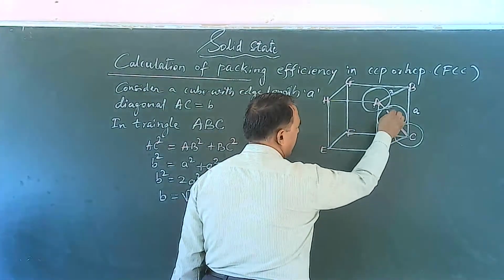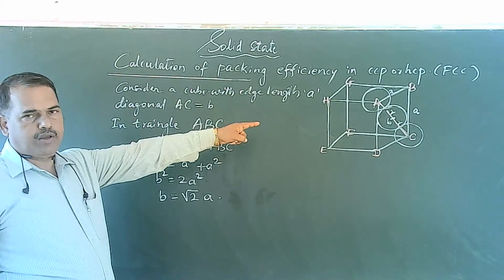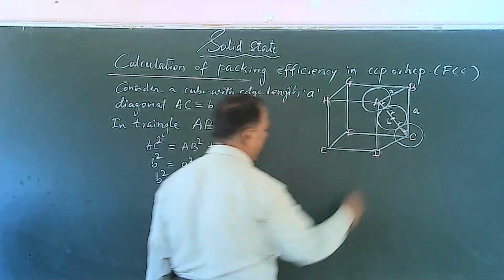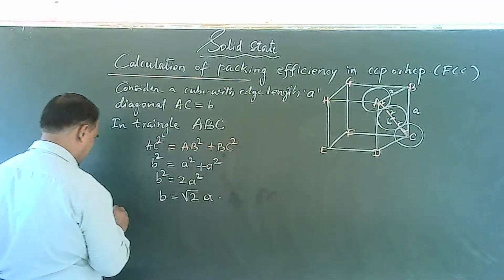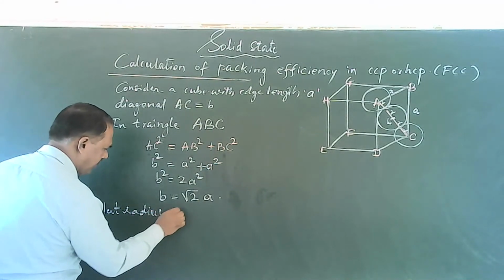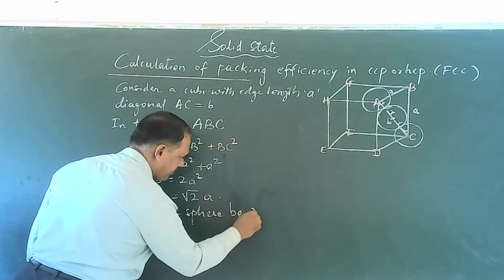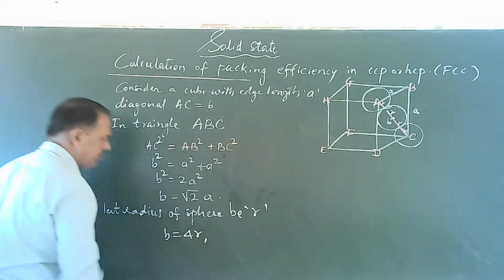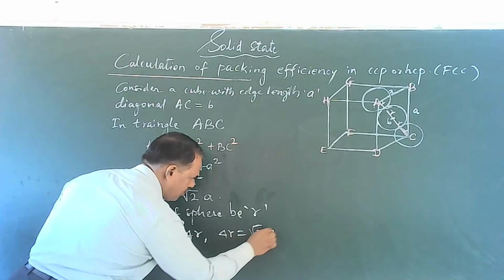Therefore its radius is R. Here you have to consider the radius of the sphere R, then B is equal to 4R. So therefore 4R is equal to root 2 A.